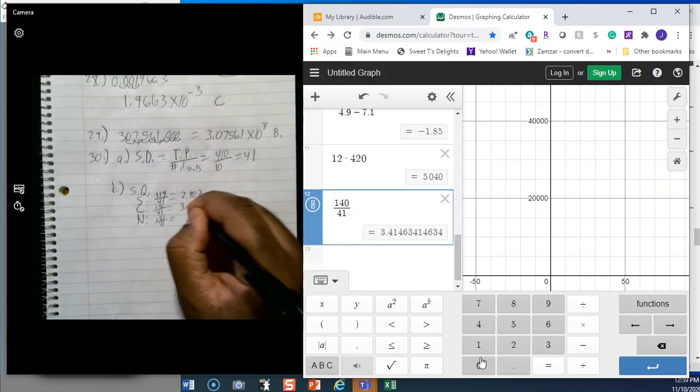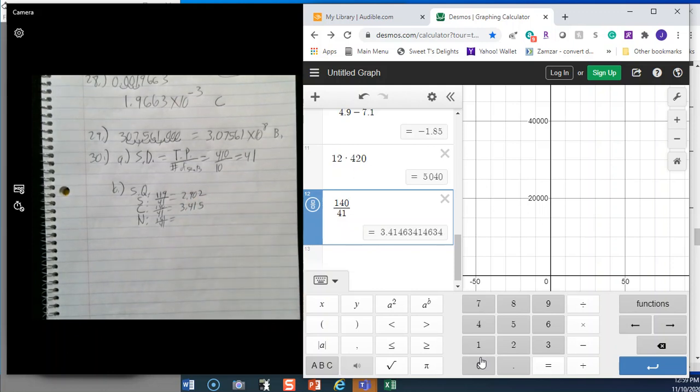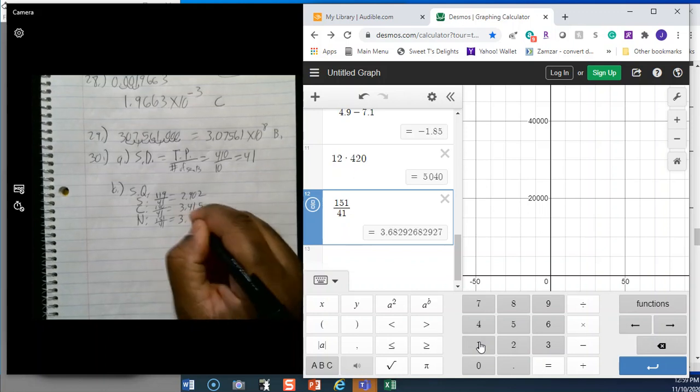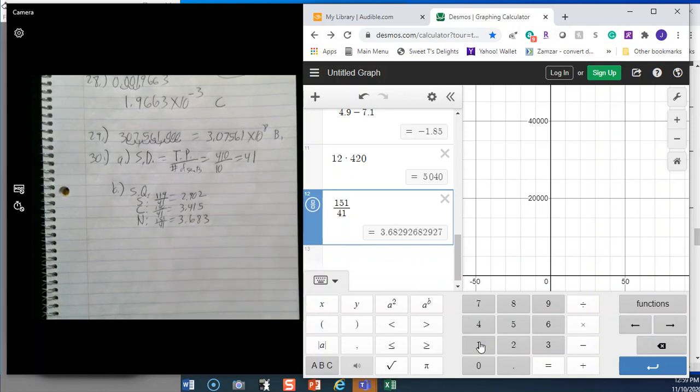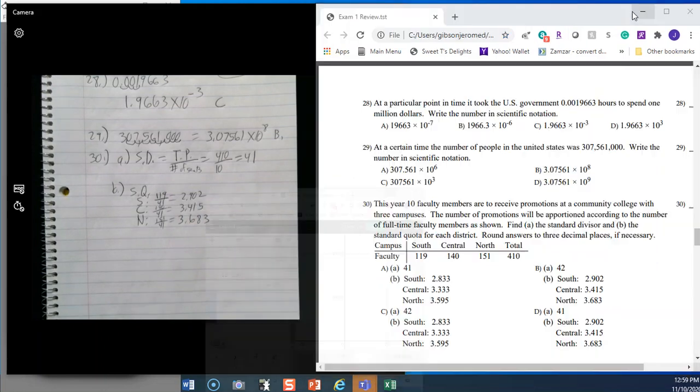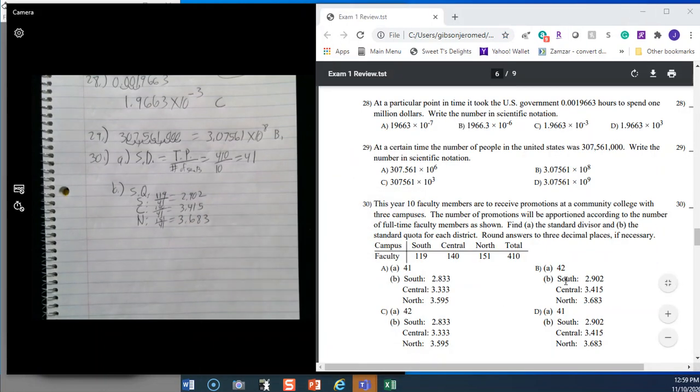And it'd be 3.415. And then we would take 151 divided by 41, which would be 3.683. Okay, so if you look here, our A of 41, this actually is D. D is our answer.